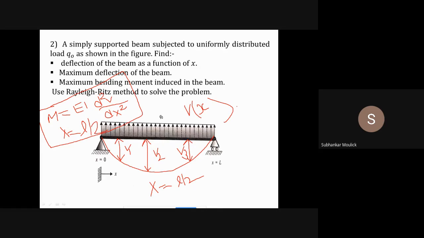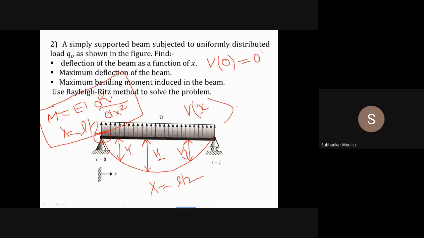So, can you find the boundary conditions of the problem by looking at it? The essential boundary condition is that the deflection v, which is a function of x, is equal to 0 when x is 0. That is very clear from the diagram.